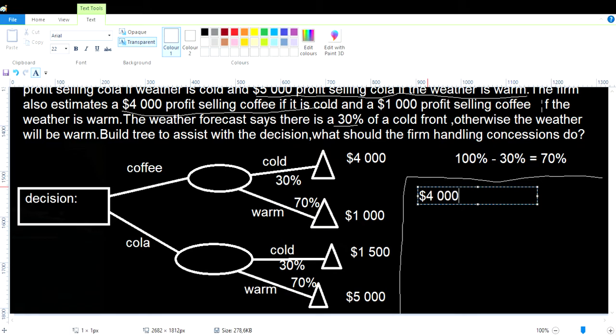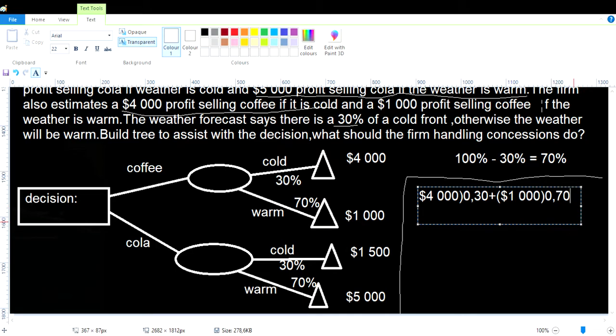$4,000 multiplied by 0.30, then plus $1,000 multiplied by 0.70.